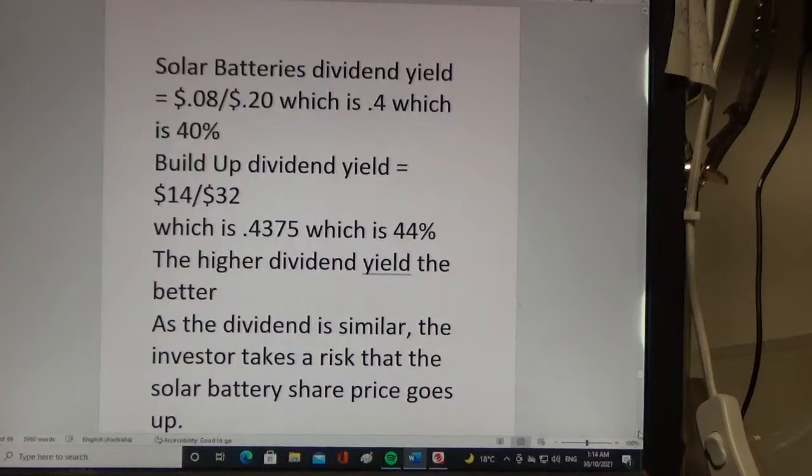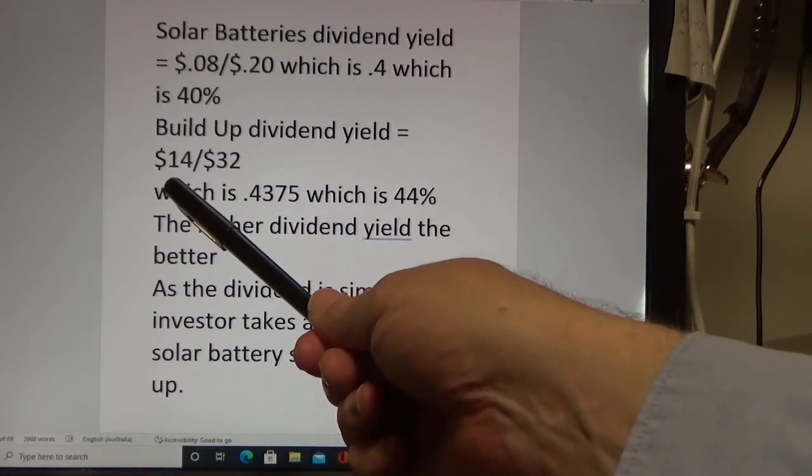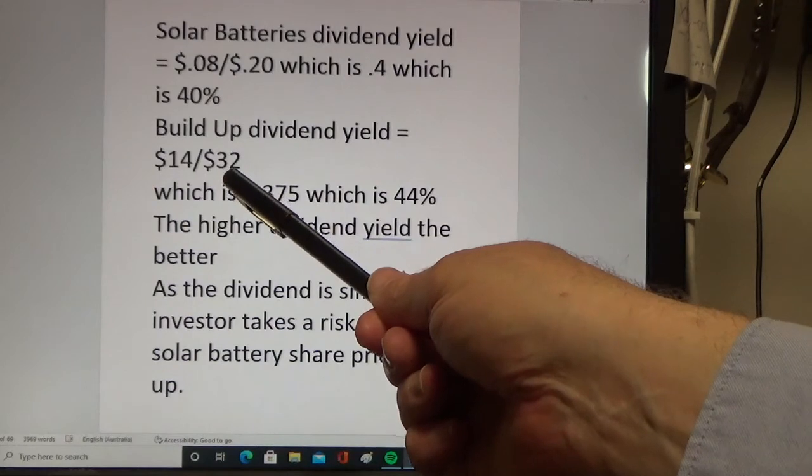Solar Batteries dividend yield is 8 cents over 20 cents, which gives you 0.4, which is 40%. Build It dividend yield, the building supply company, equals $14 over 32. So that's your dividend per share divided by the share price, right?